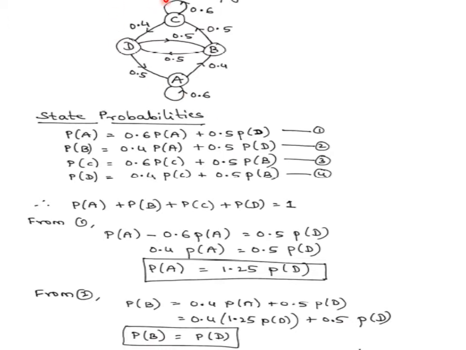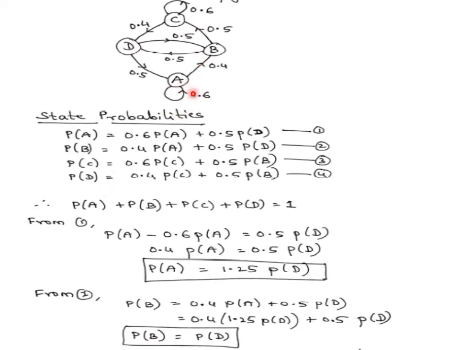So if we observe the state model, we have four states A, B, C and D. Hence we will have four state equations. The state equations are written considering only the incoming probabilities.